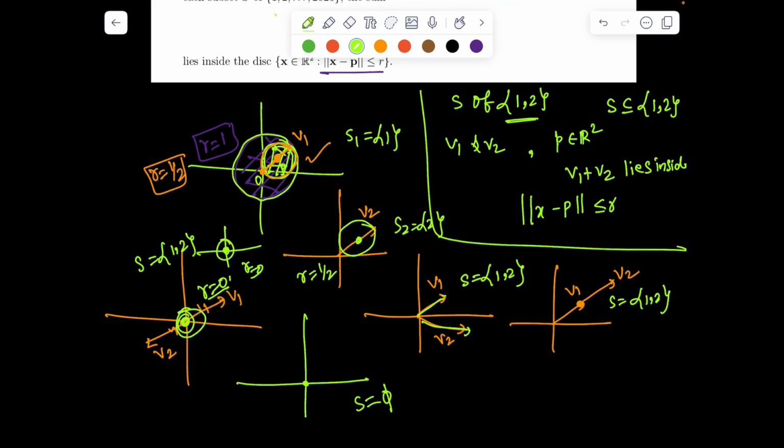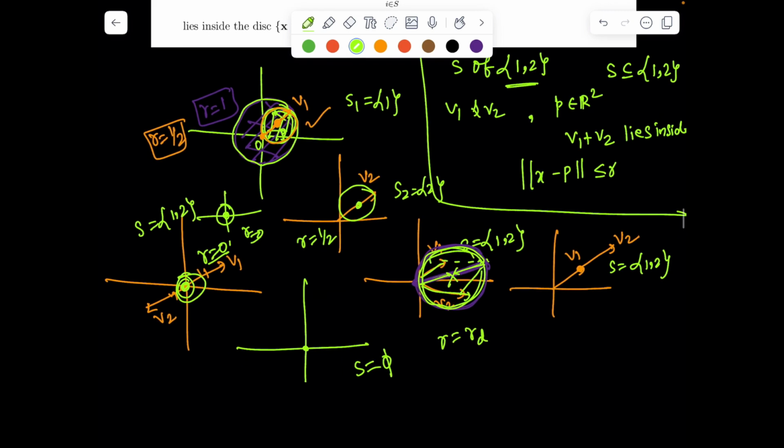Now if I have b1 and b2, clearly we'll have their linear combination somewhere here. If I take a disk having as diameter the length of b1 plus b2, that will definitely work. Still, I can take half of this diameter and make a circle out of it, right?